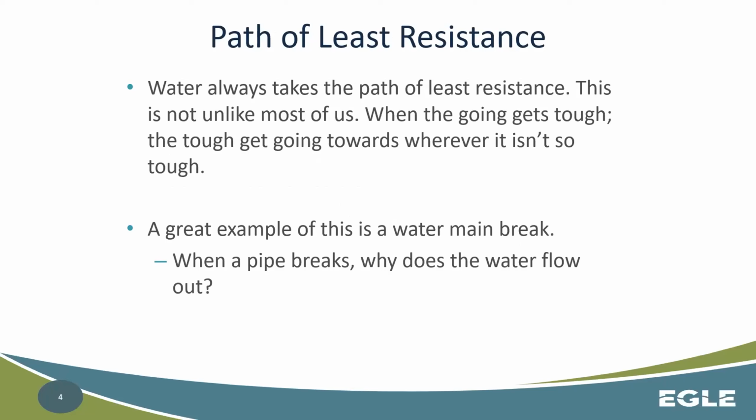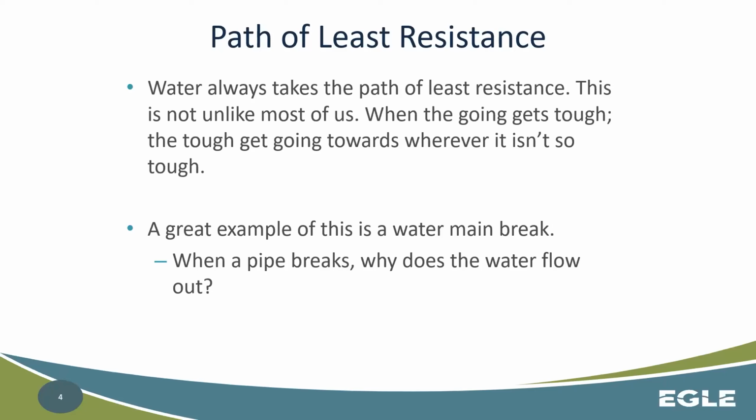So the path of least resistance. Water always takes the path of least resistance. Water is very similar to us when we are dealt with a stressful situation. What do we do? We try to look for the fastest and easiest way out of that stressful situation, correct? That's the path of least resistance. Well, water does the same thing.